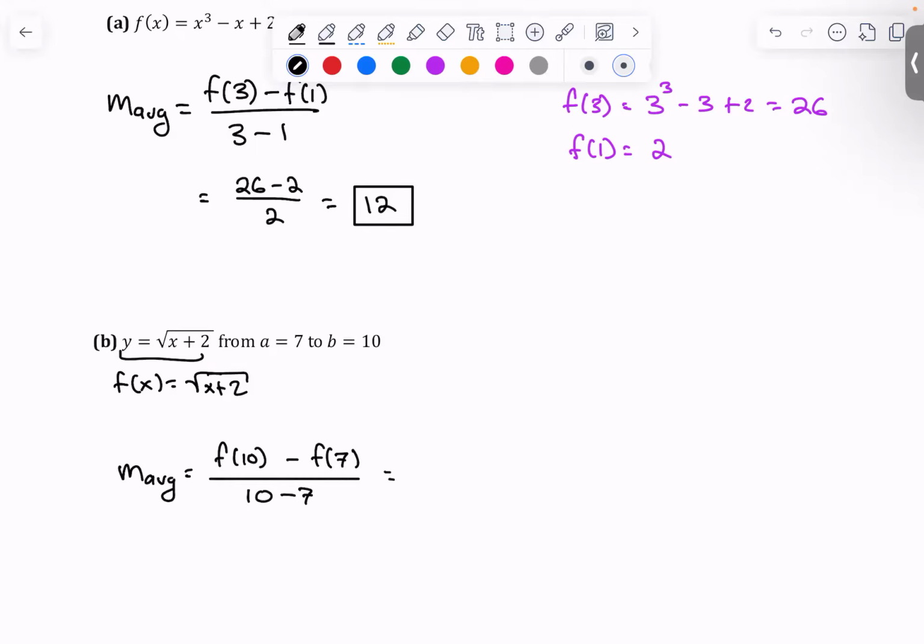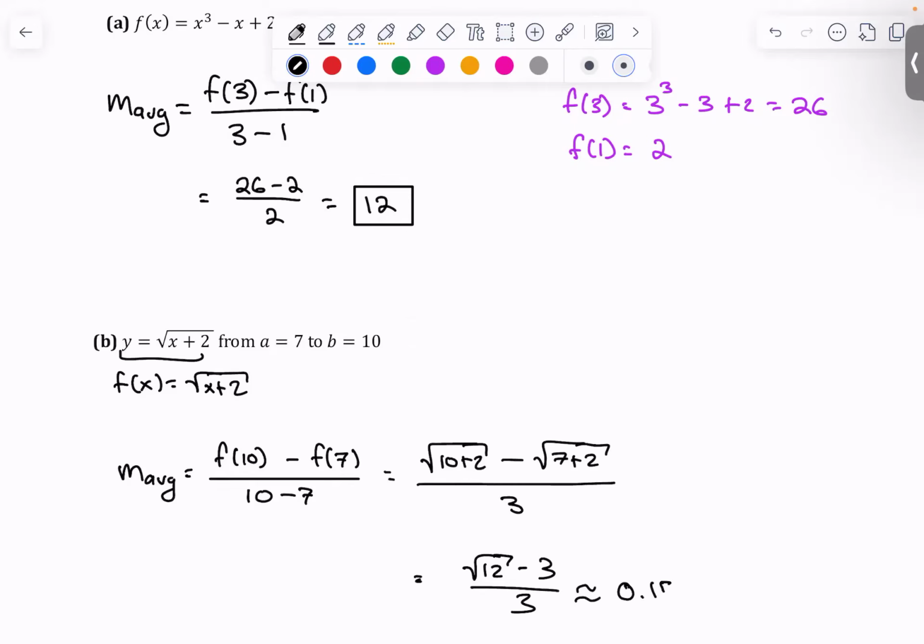That'll be equal to the square root of 10 plus 2 minus the square root of 7 plus 2, all divided by 3, which is the square root of 12 minus 3 over 3, which is approximately 0.1547, depending on whether or not the computer wants you to write it as an approximation or in exact form.